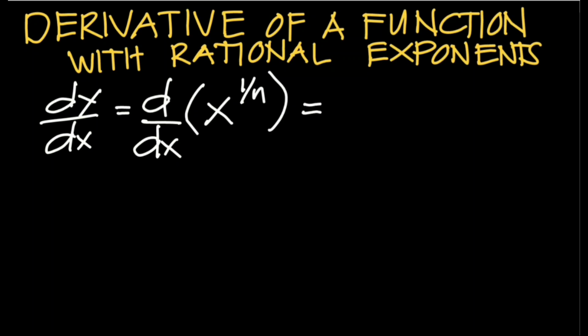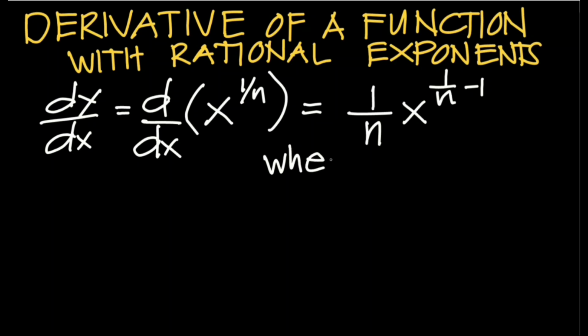So this is just equal to 1 over n times x to the 1 over n minus 1. So this is just similar to the power rule. And take note that n cannot be 0, where n is not equal to 0.